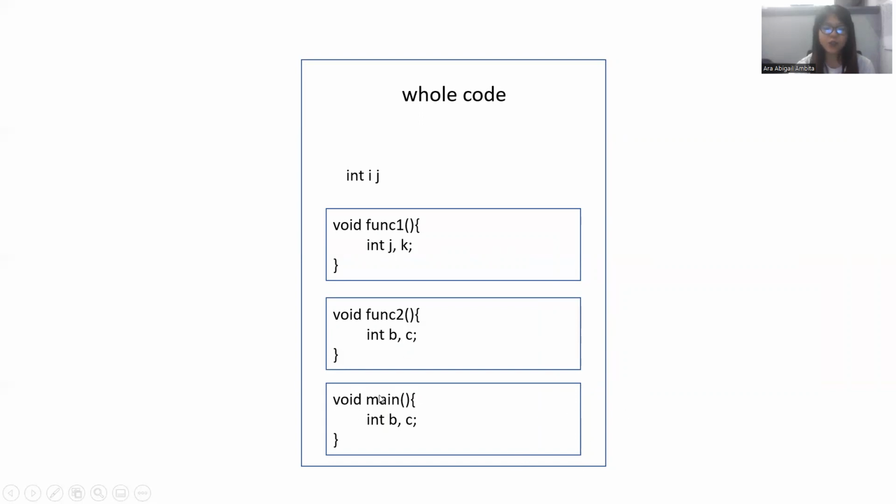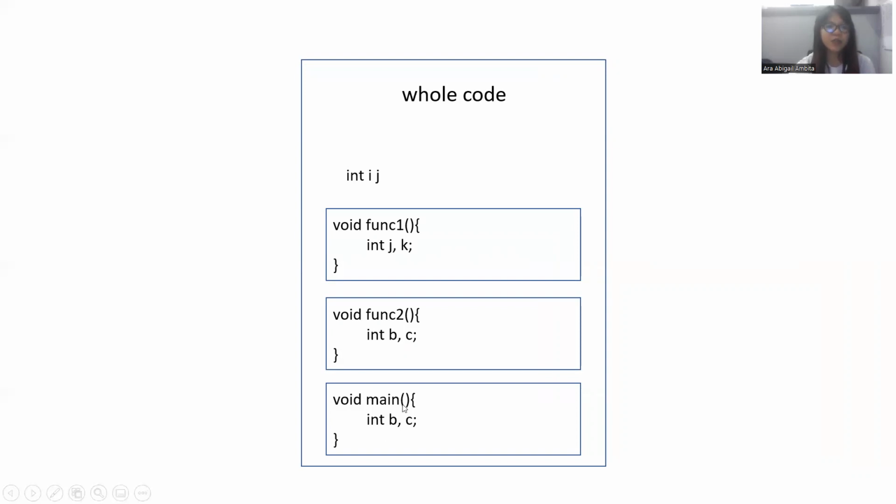Of course, you have to have the main. There are variables that you declare only within a certain function. So let's say in funct1, this j and k are only accessible in the funct1 function. The b and c are only accessible to funct2 function. And then this b and c are also accessible only to the main function.